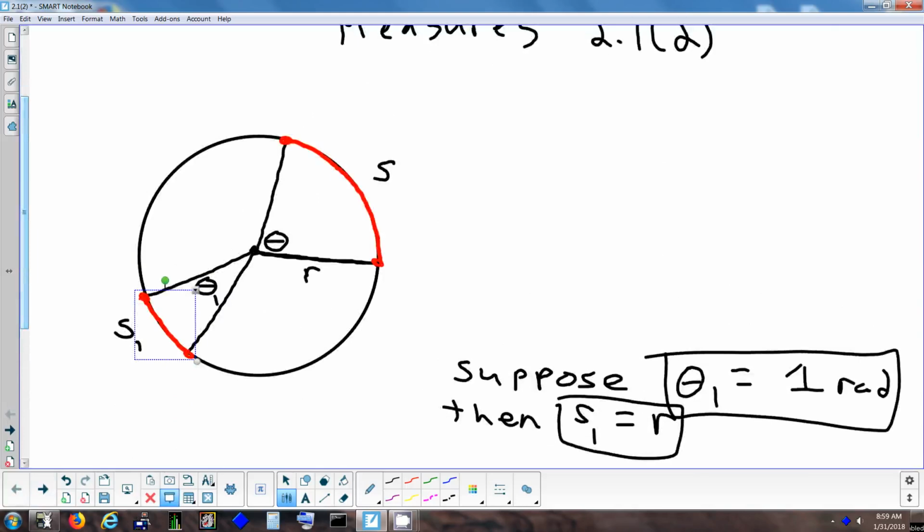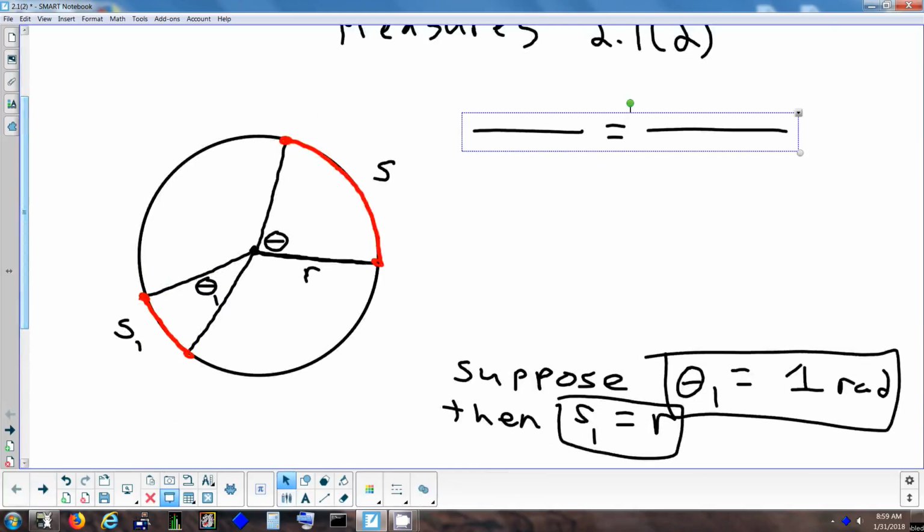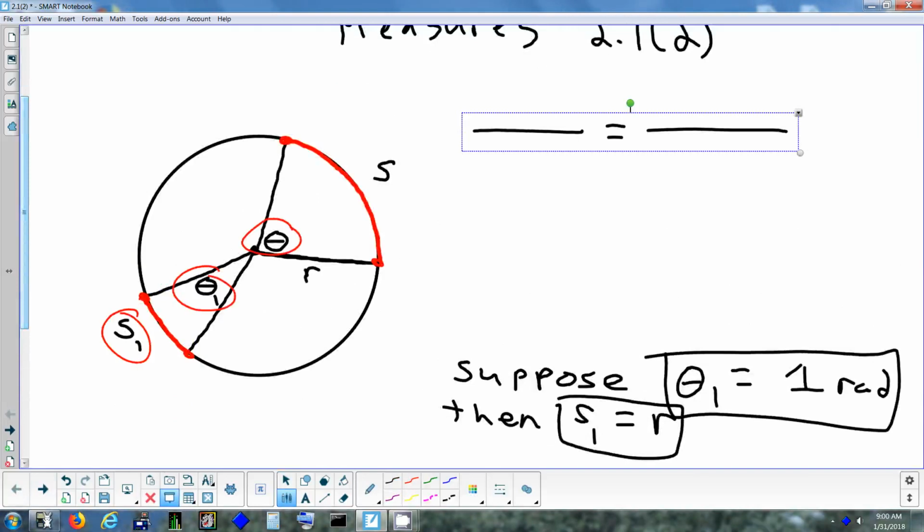So I said these were directly proportional, so we have to set up a proportion. And the proportion we're going to set up is going to involve 4 things. We have a numerator on the left and on the right. We have a denominator on the left and the right. Here's the 4 things: an arc, an angle, an arc, an angle.